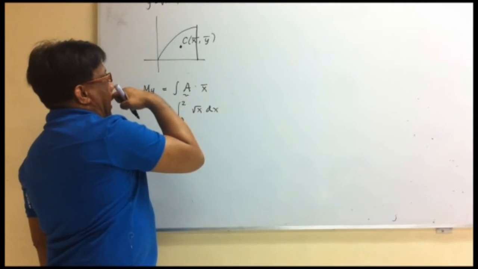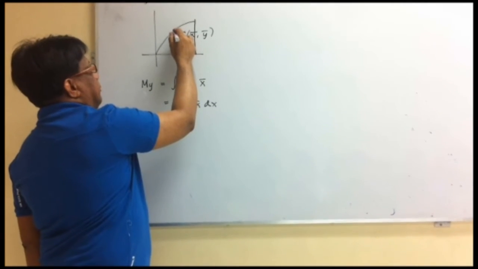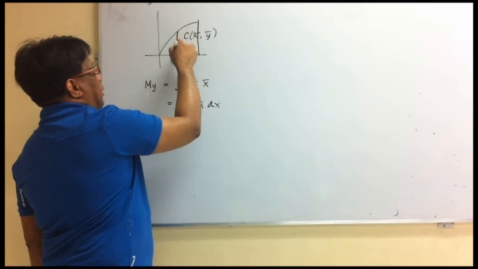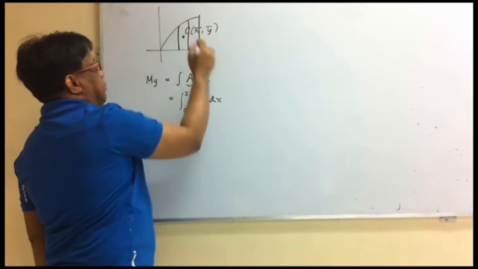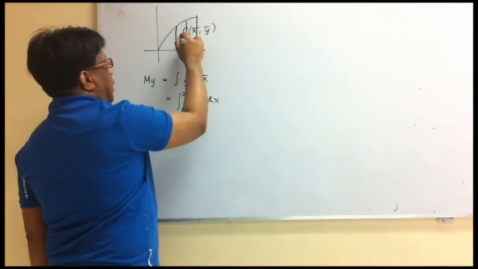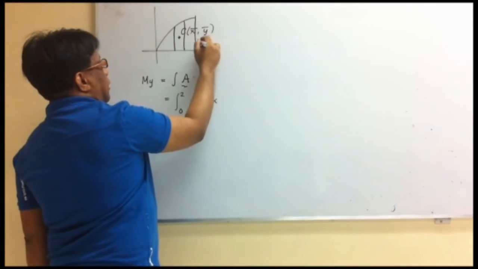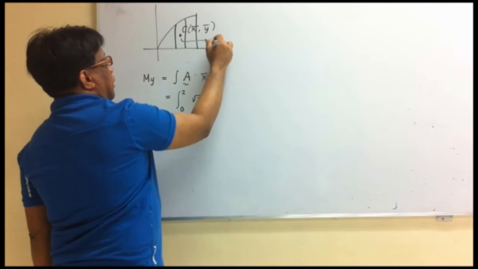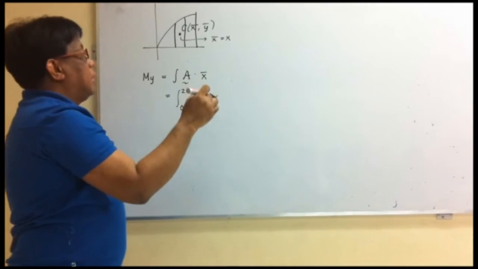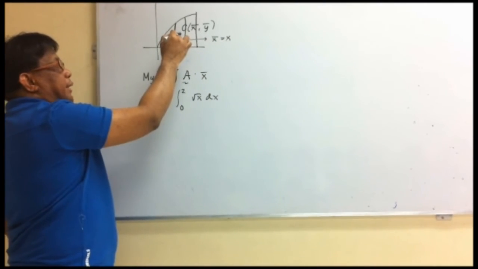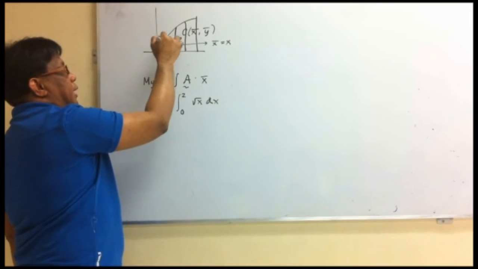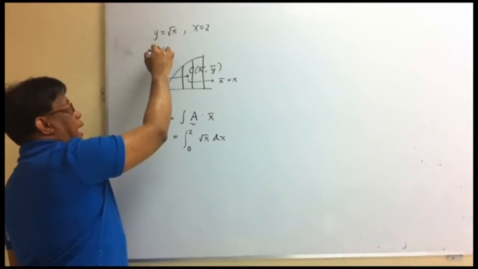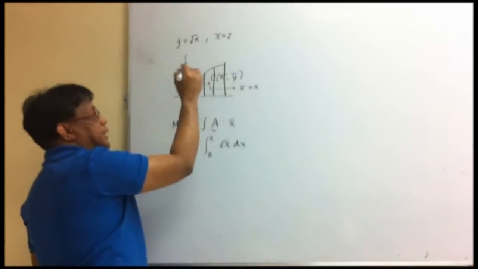If you have used the vertical strip a while ago, this bar x will now be represented by x, because this point, which is our center, is also the distance from the y-axis, or from the line x equals 0.